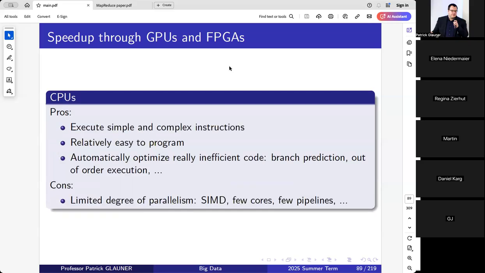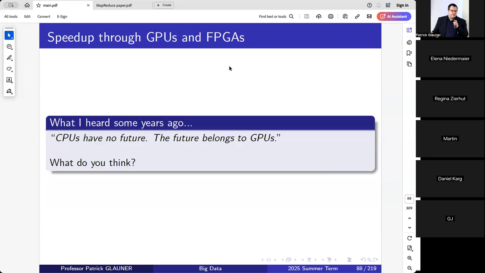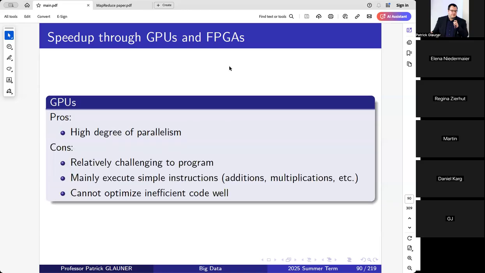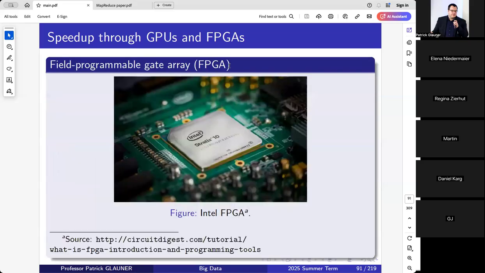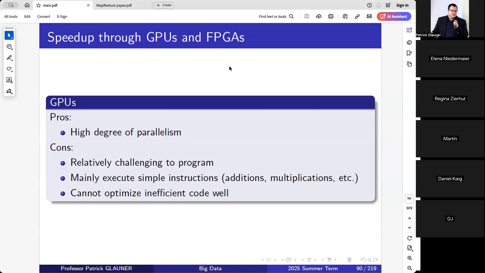And I don't think that one is better than the other. It depends on your use case. So this statement that CPUs would have no future, the future would belong to GPUs, certainly not true. There are also some interesting hybrid architectures that try to merge both, like Apple is doing, for example. So it's quite an interesting time.